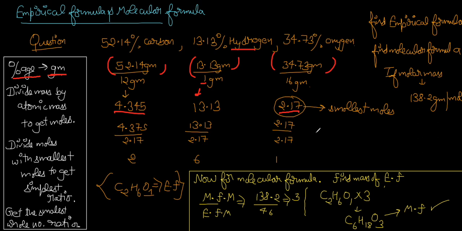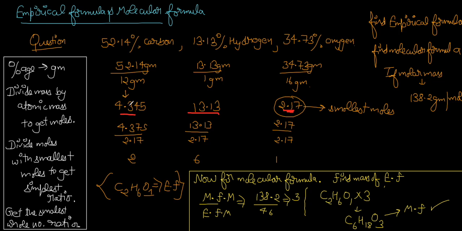Then empirical formula is the simplest formula. Right now you only know the moles of carbon, hydrogen, oxygen. So what we do is we will directly divide all the three with the smallest moles to get the simplest ratio. I hope you're getting what this means. Now the smallest moles are of oxygen.